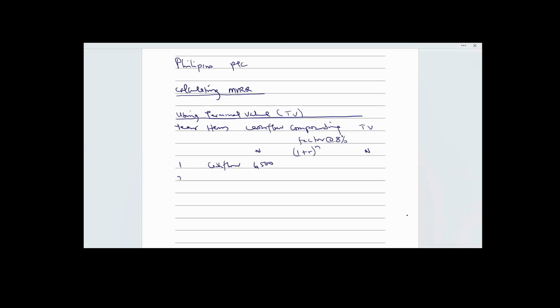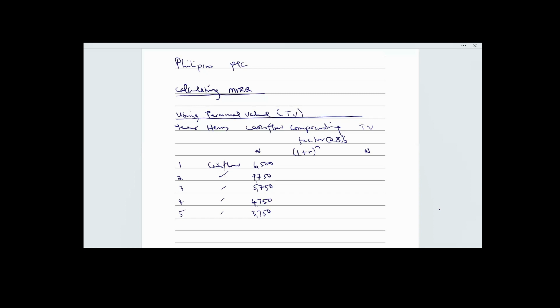Then in year 2, our cash inflow is 7,750, year 3 is 5,750, then year 4 is 4,750, and year 5 is 3,750. So these are the positive cash flows that the project will generate.